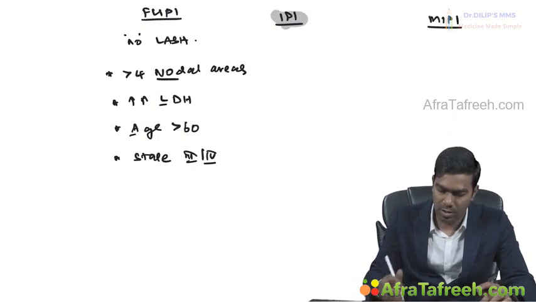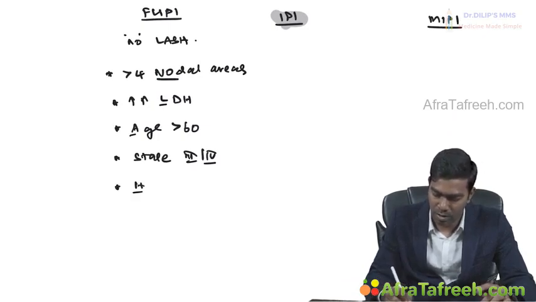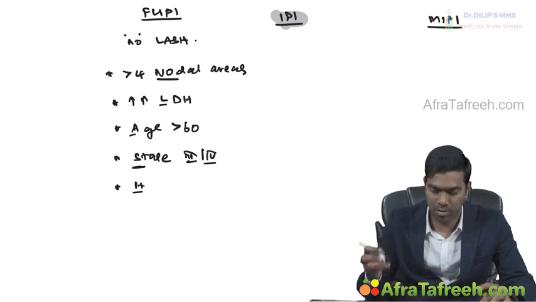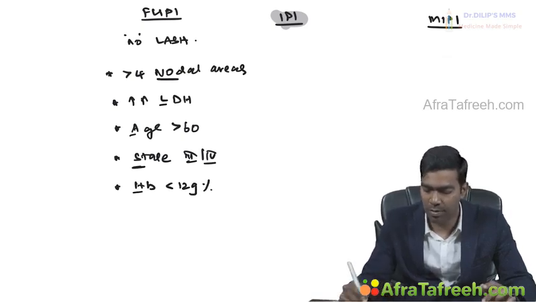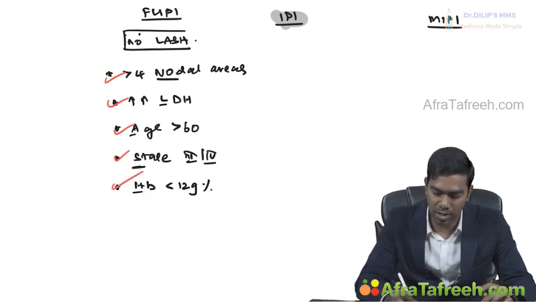Then next you have hemoglobin. This is Ann Arbor stage 3 or 4, and hemoglobin less than 12 grams per deciliter. So these are the components of the FLIPI score. May be asked in exam. So the mnemonic you can use to remember this is NO LASH.